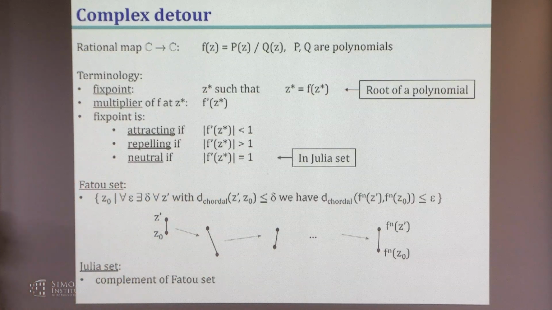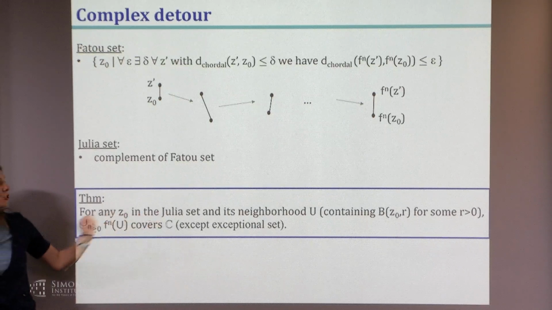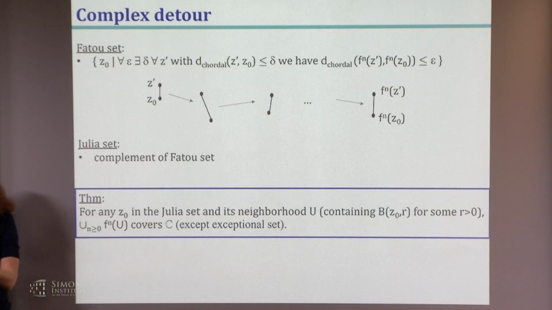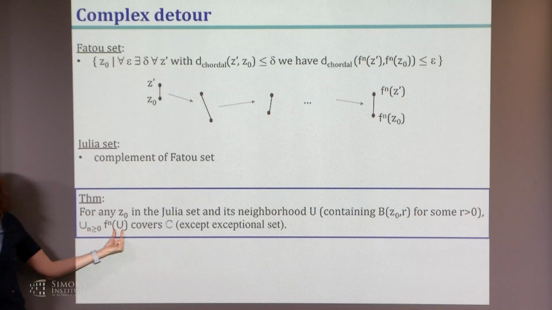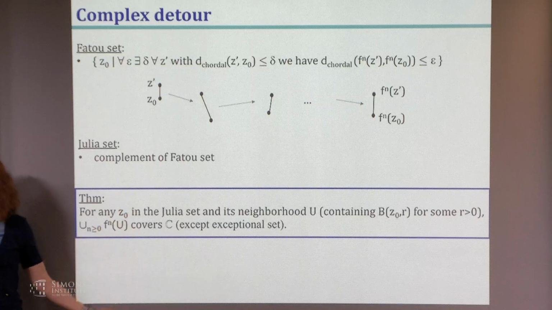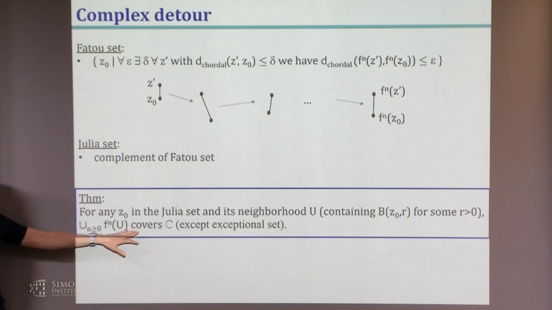Okay, so now the last bit of this: it turns out there is a theorem in the theory of complex dynamics that tells us that if you take any point in the Julia set and some neighborhood around it, and then we apply our map to this neighborhood, we will cover the entire complex plane with the exception of something called the exceptional set, but let's not worry about that. It doesn't really apply in our case.